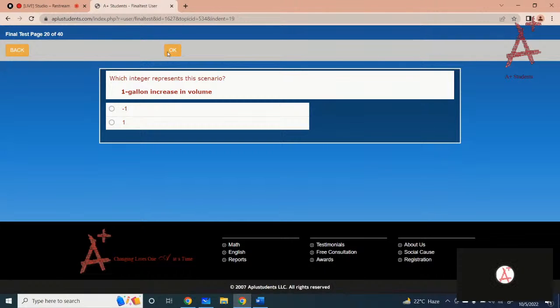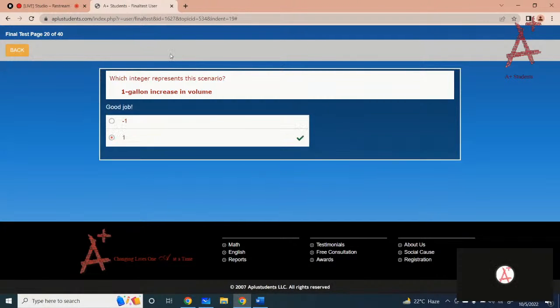Very good. Okay, which integer represents the scenario: 1 gallon increase in volume? So is it positive or negative? Yes, it is positive. The second option. Good. Very good.